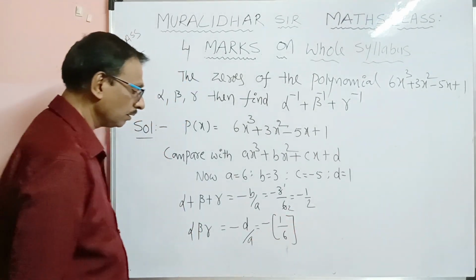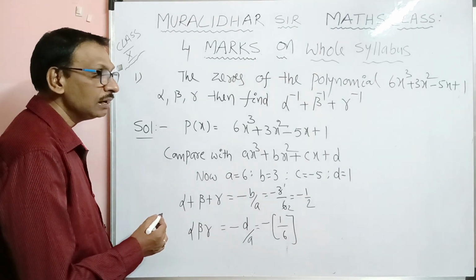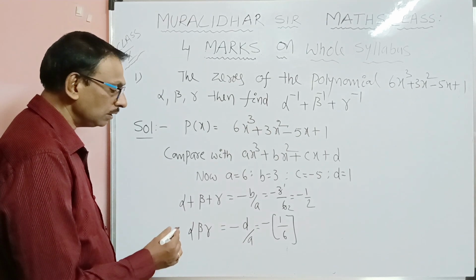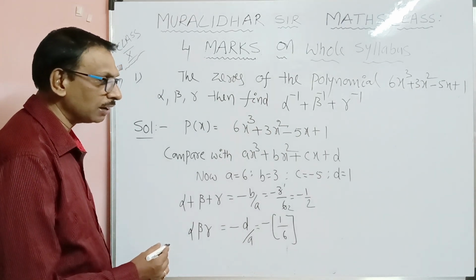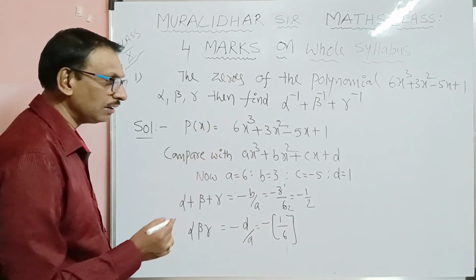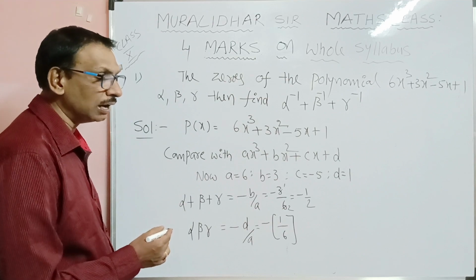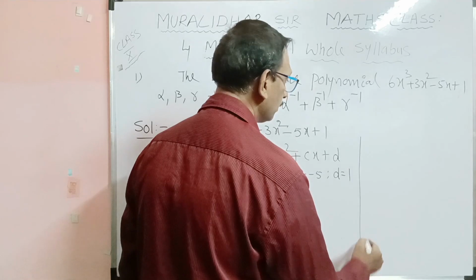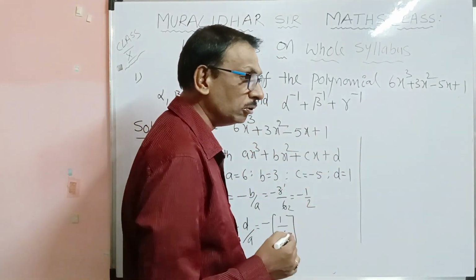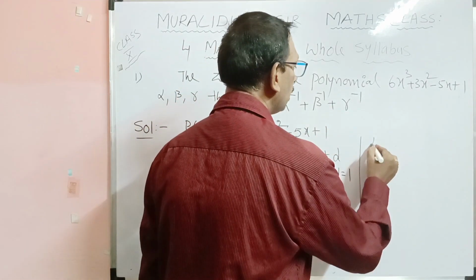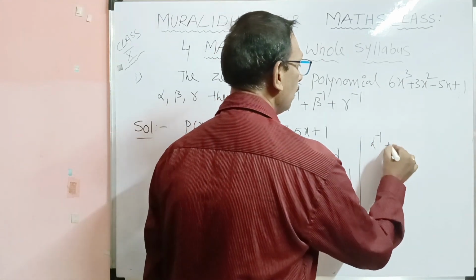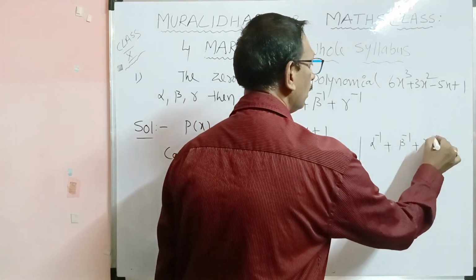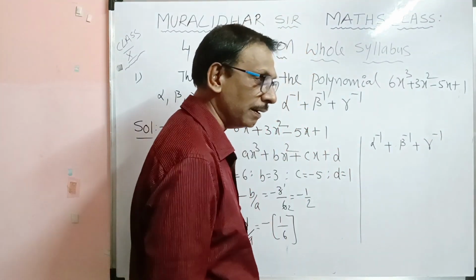First you calculate alpha plus beta plus gamma and the value of alpha, beta, gamma from the given equation with the help of the related formulae. After that, he asked to find out alpha to the power of minus 1 plus beta to the power of minus 1 and gamma to the power of minus 1.